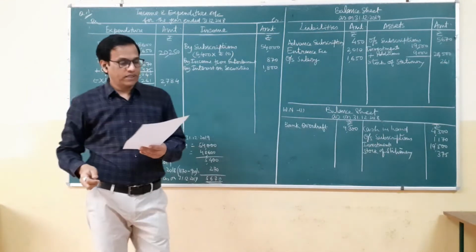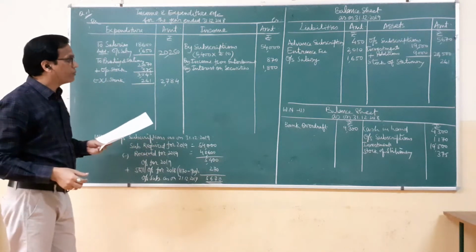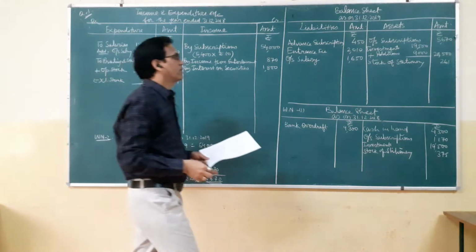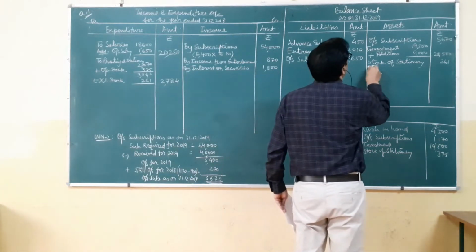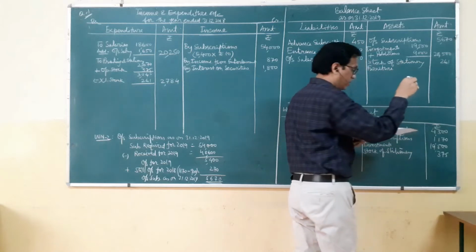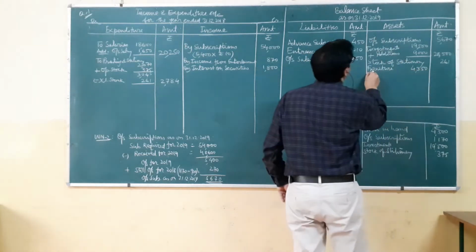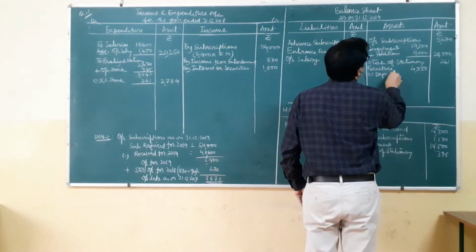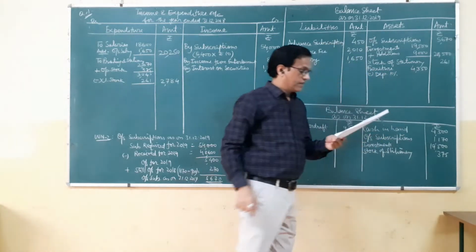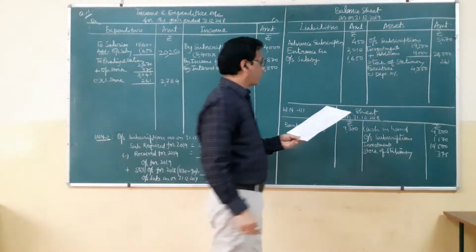The next item is furniture. So furniture newly purchased for the first time, we take it here in the closing balance sheet only. Furniture, it is given 4,350, and depreciation is also to be charged on it at 10%. And point number 7 says that furniture was purchased on 1st April 2019.